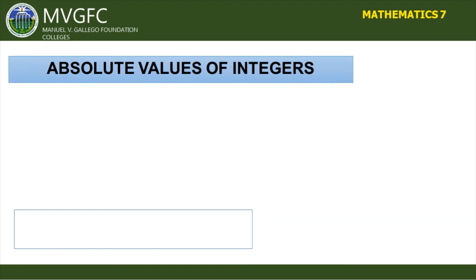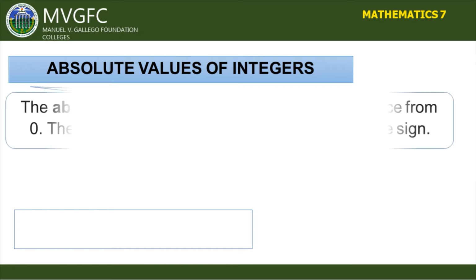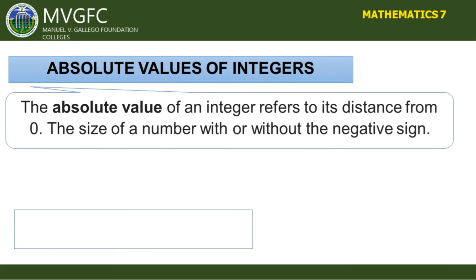For the last part of this video, we have the absolute values of integers. The absolute value of an integer represents its distance from 0. Also, in some ways, it can be said that this is the size of a number with or without the negative sign.